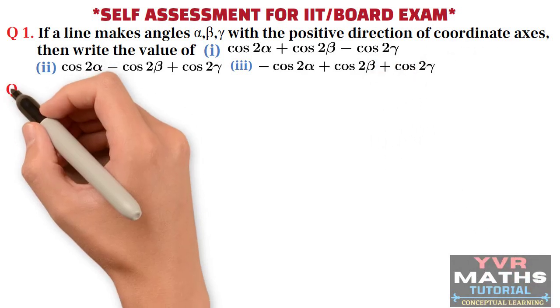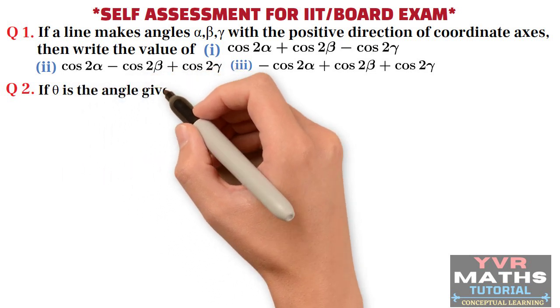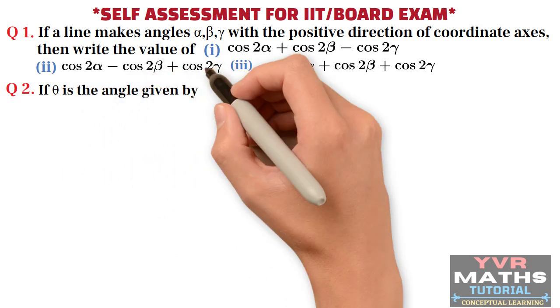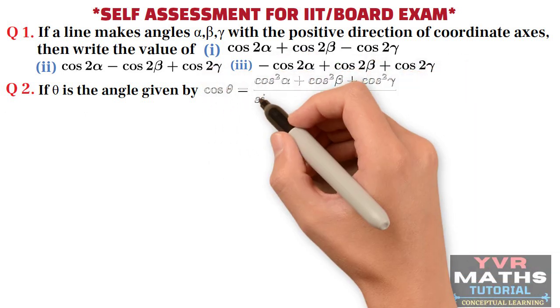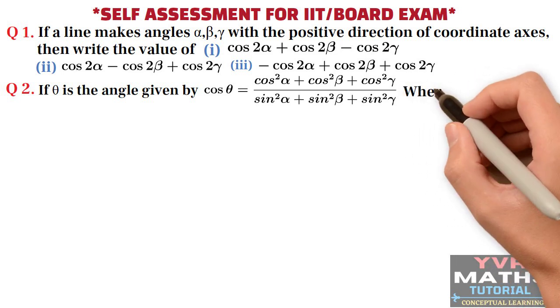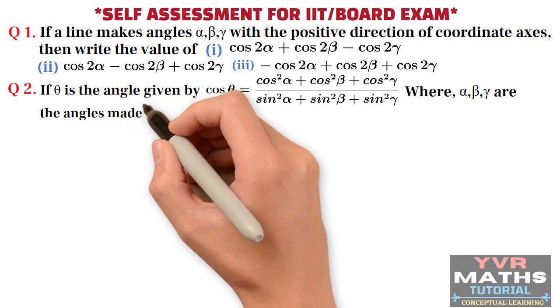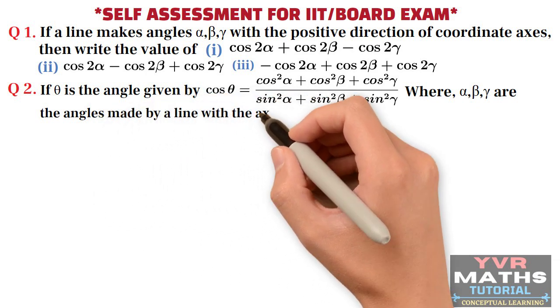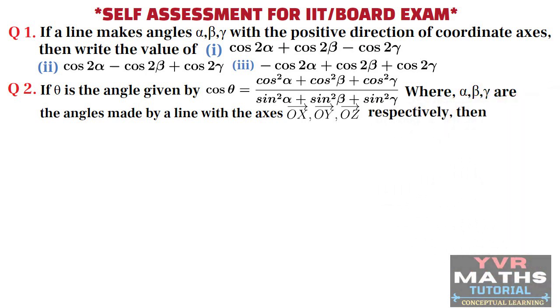Second question, if θ is the angle given by cos θ = (cos²α + cos²β + cos²γ) / (sin²α + sin²β + sin²γ), where α, β, γ are the angles made by a line with the coordinate axes respectively, then what is the value of θ?